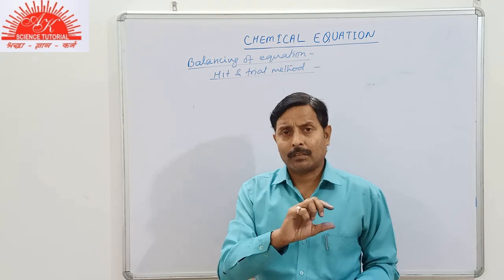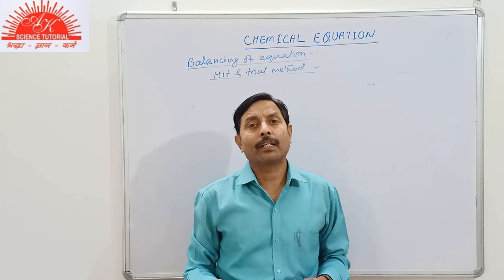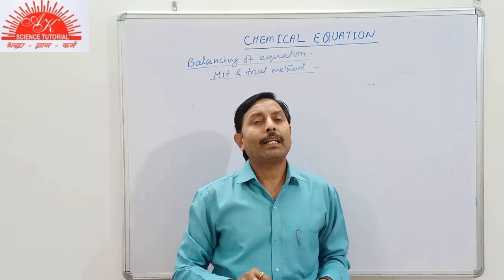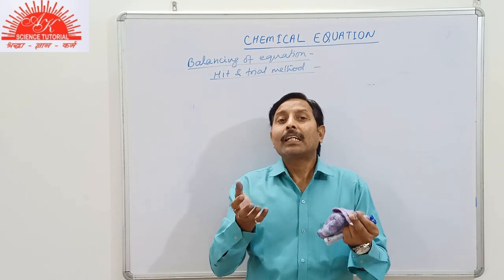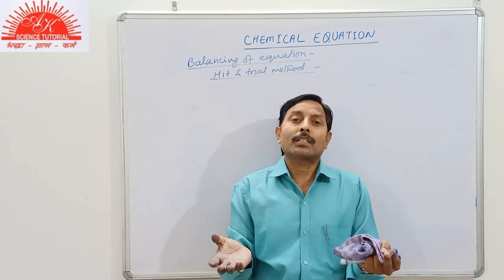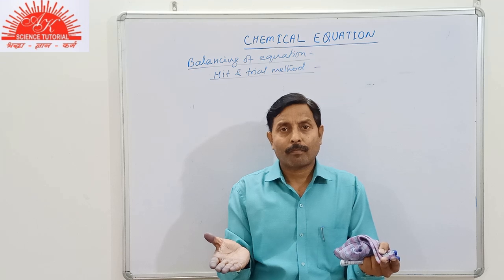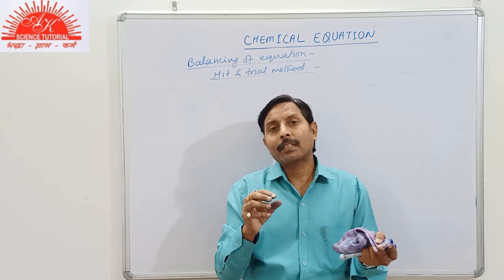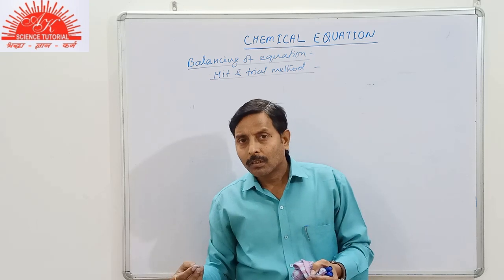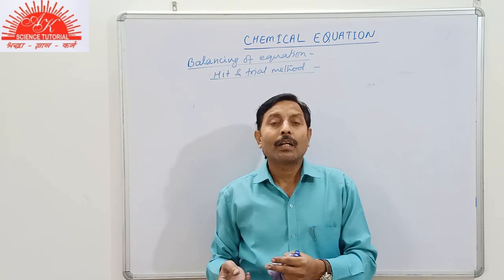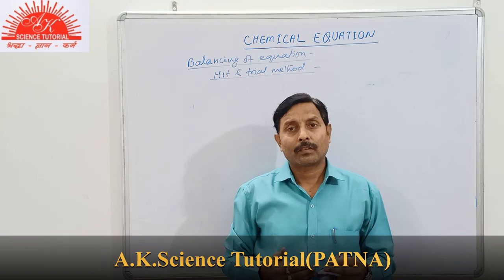You just keep on trying, looking at the reactant and product sides, comparing the number of atoms of different elements, and then try to balance them. It is similar to equating the mass of two different substances by keeping them on the two pans of a beam balance. But in a beam balance, when one material becomes excess, you can take some of it out, while in balancing a chemical equation, you always keep on adding.